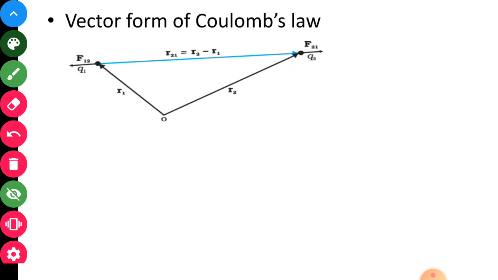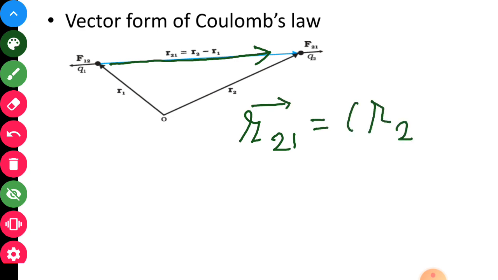So this is the direction of vector R21. Vector R21 can be written as vector R2 minus vector R1, according to the triangular law of vector subtraction.